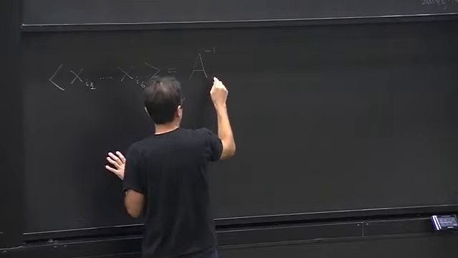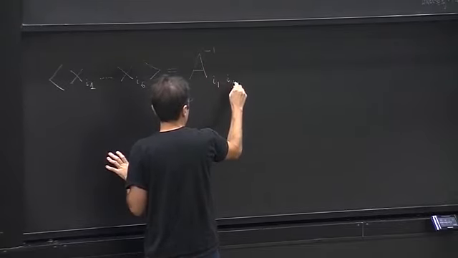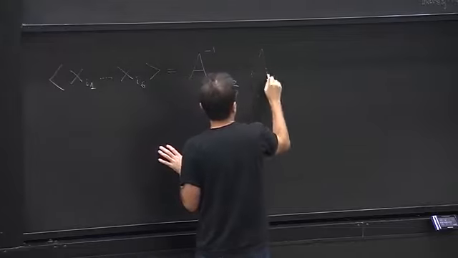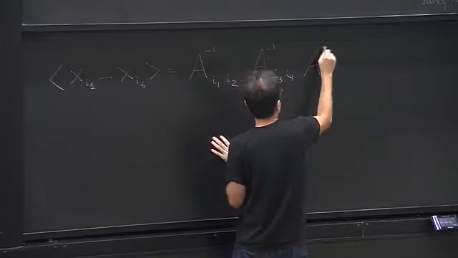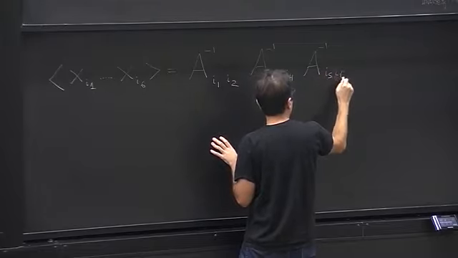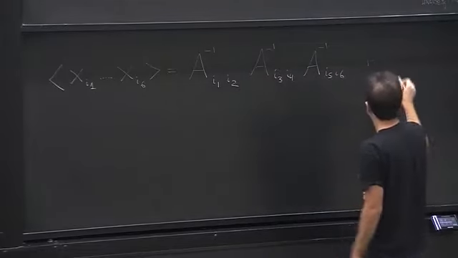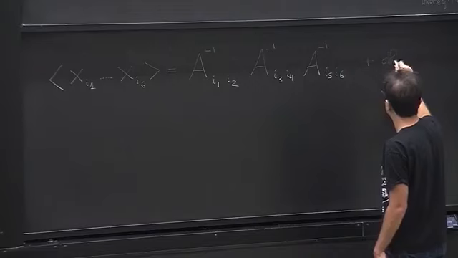So let me write a few. i1, i2, A minus 1, i3, i4, A minus 1, i5, i6, plus other pairs.